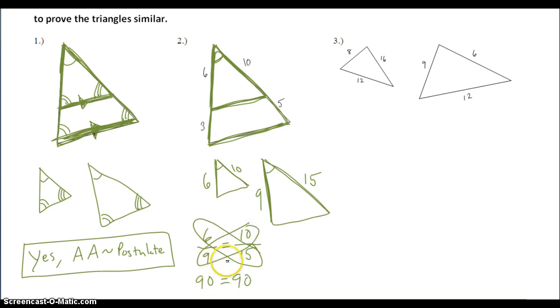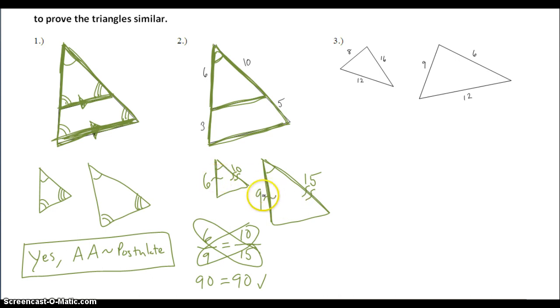So this proportion checks out. So this side, 6, is similar to this side, 9, as this side, 10, is similar to this side, 15.